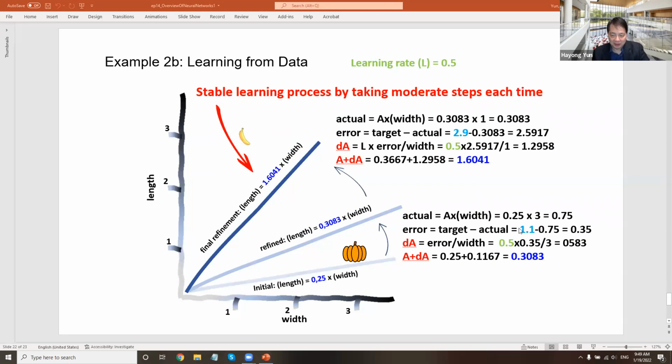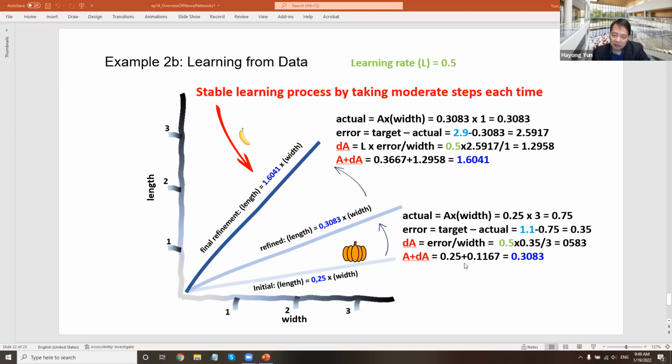Well, let's try the same exercise again. The initial guess was 0.25, and the data point was at 3, so we predict 0.75, and the error is target minus actual, again 1.1 instead of 1. That's the target, because we want the line to be slightly above that pumpkin.